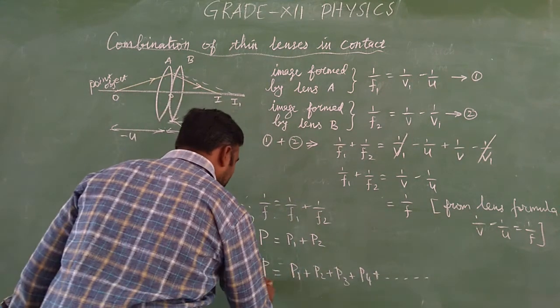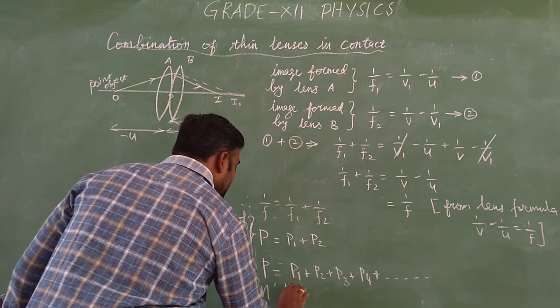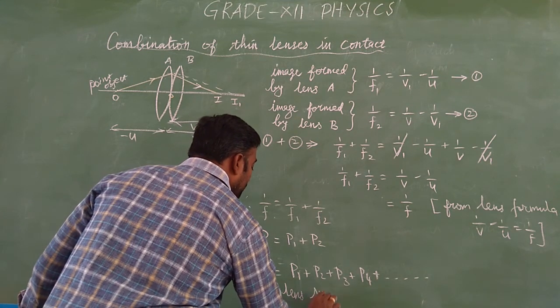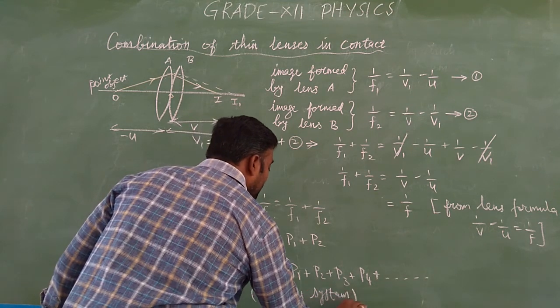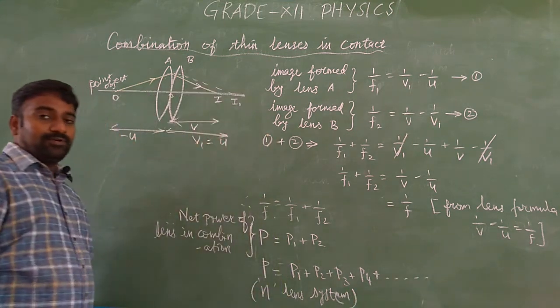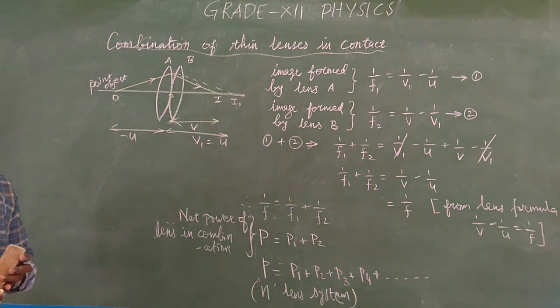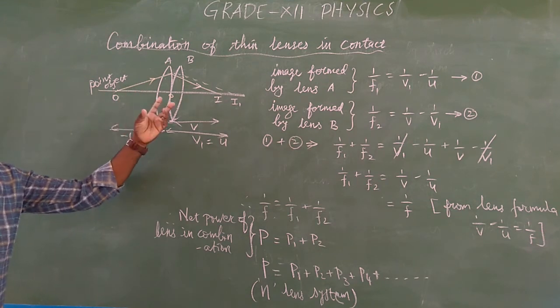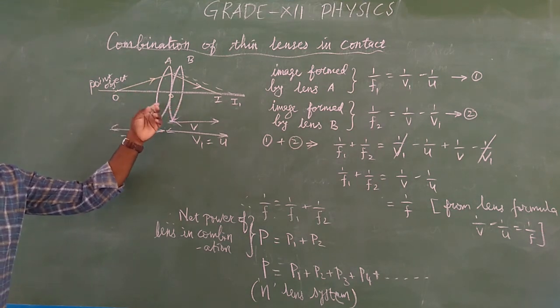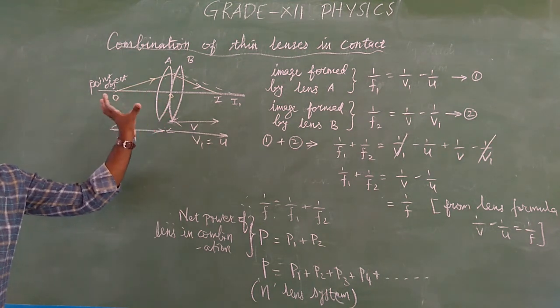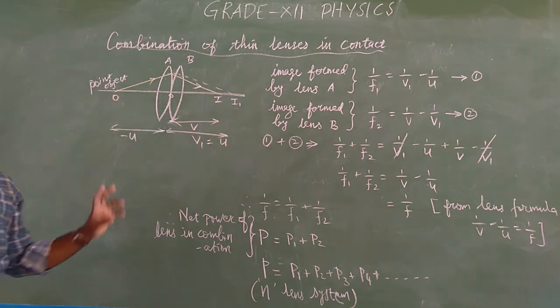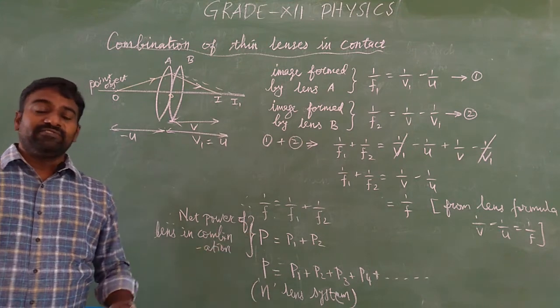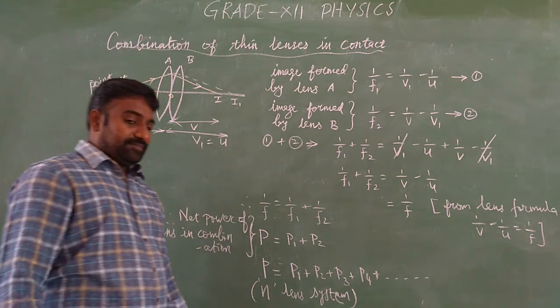This is for an n lens system. Okay, I think you are clear. Whenever many lenses are joined together, whether both are convex or one is convex and another concave, the net power is the sum of the powers of the individual lenses.